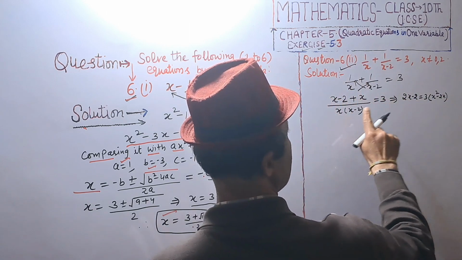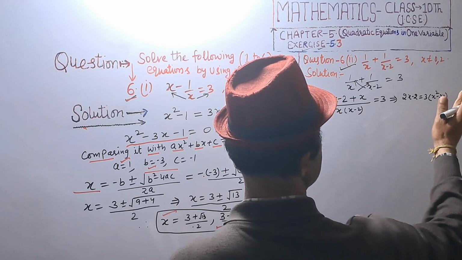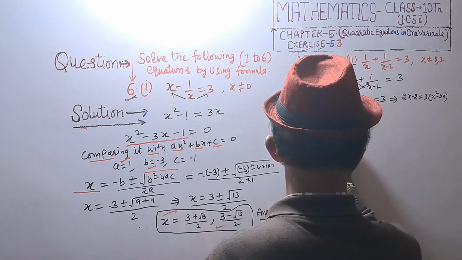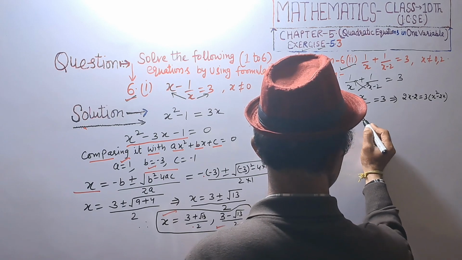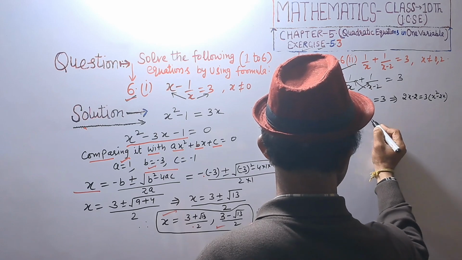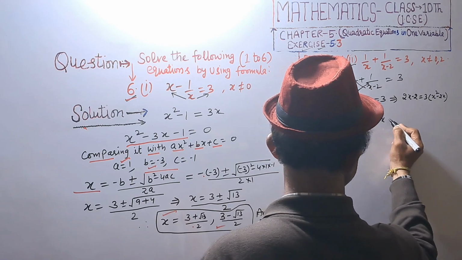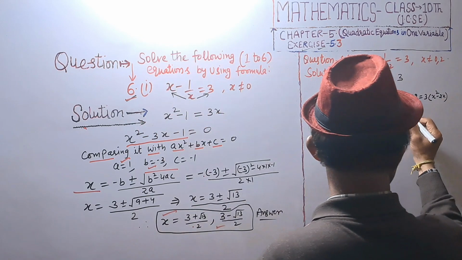x into x, that is equal to x square, x into 2, that is equal to minus 2x, and 2x minus 2 is equal to 3 into x square, that is 3x square, 3 2s are 6x, which implies we are shifting left side in right.